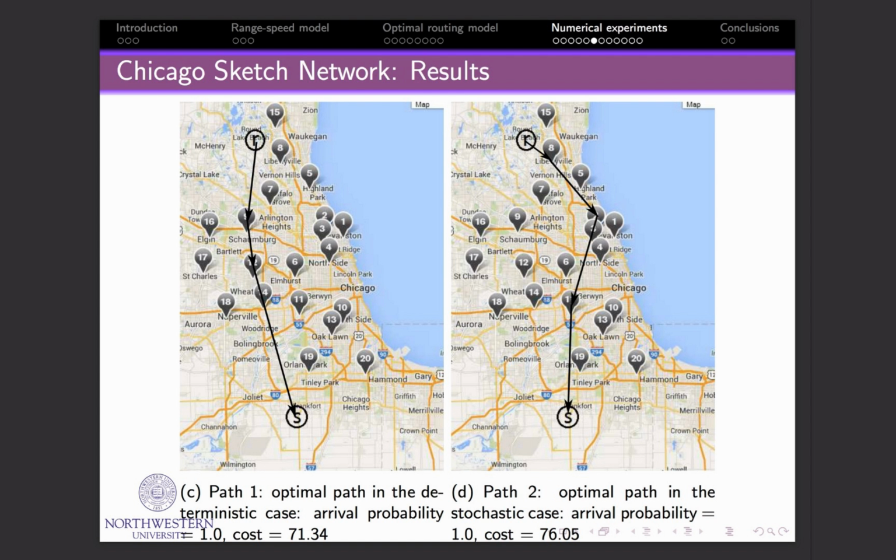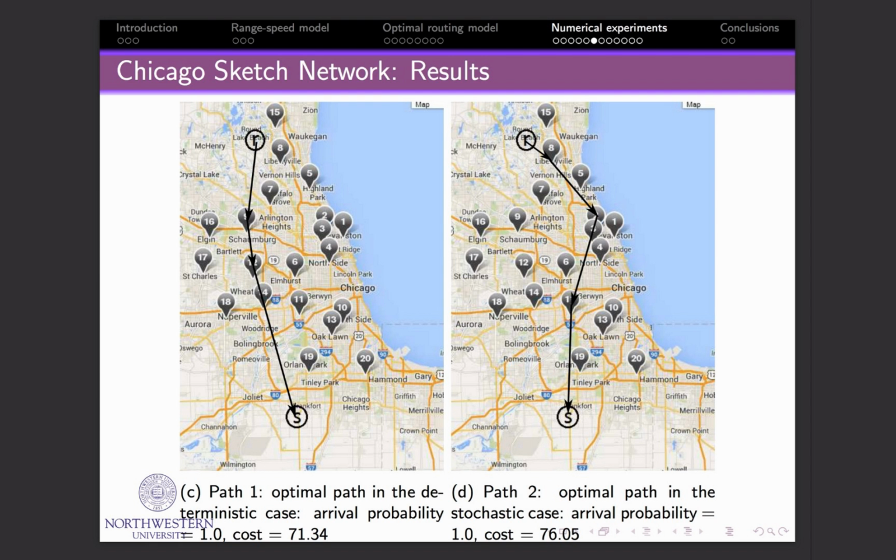We also computed the arrival probability of path 1, and we found that the probability is below the threshold. So this example says that if the driver uses path 1 in uncertain conditions, the driver is running a high risk of not being able to arrive at the destination.